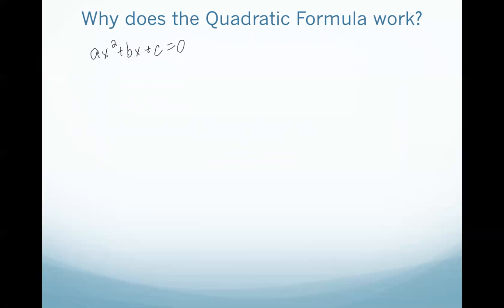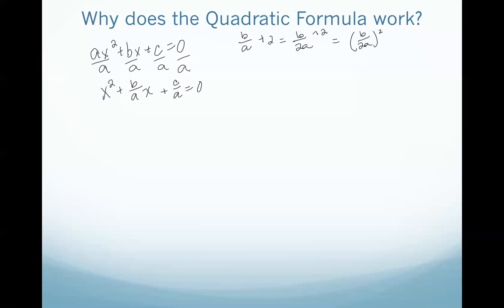So completing the square, I want to divide everything by a. So then I get x squared plus b over a x plus c over a equals 0. Completing the square, I take b over a, divide it by 2, so that's b over 2a, and then I raise that to the second power, so I get b over 2a squared, or b squared over 4a squared.